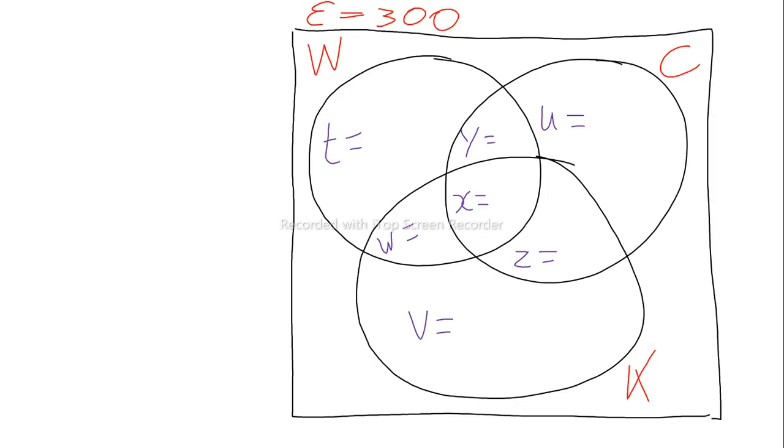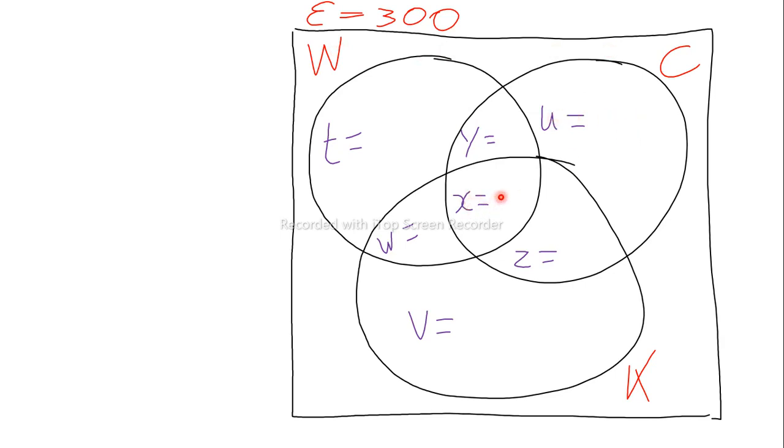You all saw this when I named them? No, sir. Okay, so I was saying that we're going to use a letter to represent each part. T is going to represent W only. Y is going to represent the intersection between W and C. U is going to represent C only.